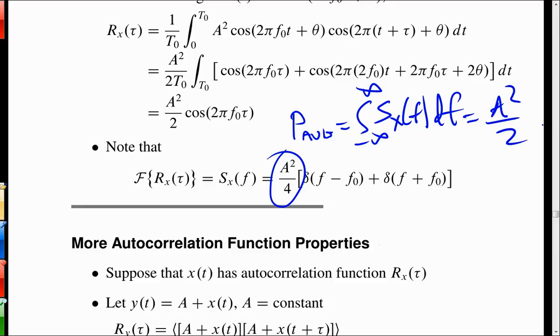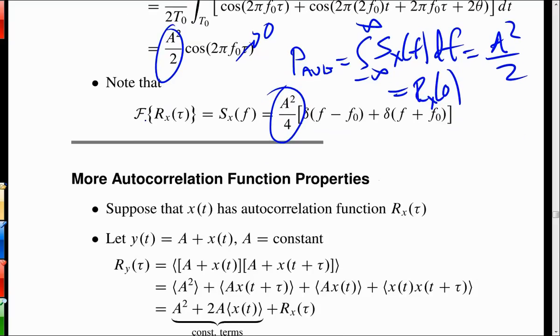And that's also equal to, now the other way of getting that from the properties just down the page, Rx of 0 is also equal to the power. And so if we set tau there equal to 0, we get A squared over 2. That's just two ways of getting there from the autocorrelation or the power spectrum.